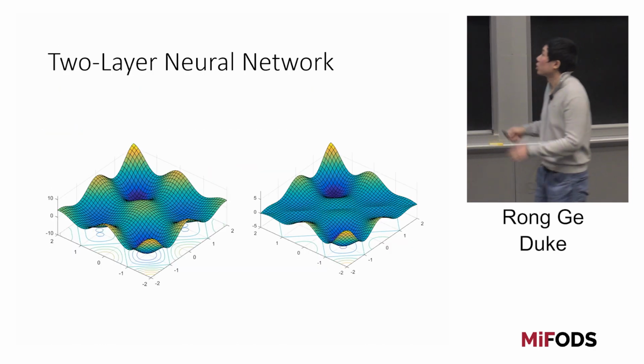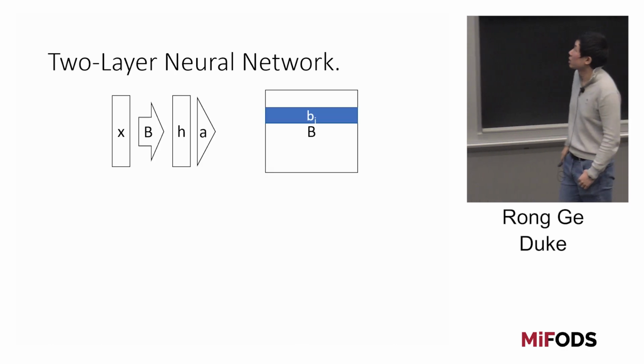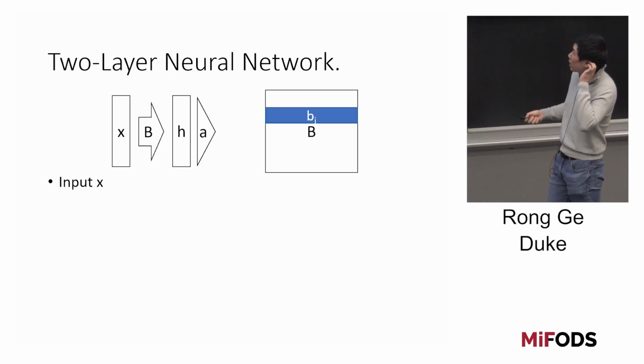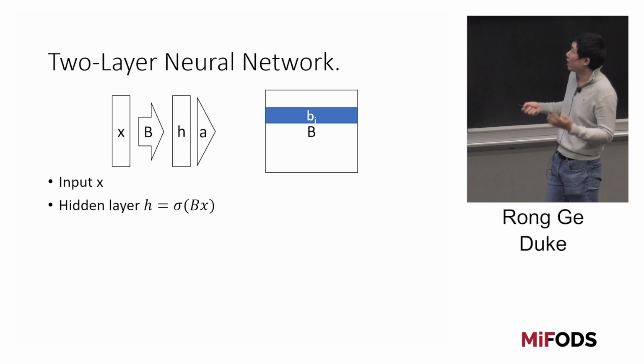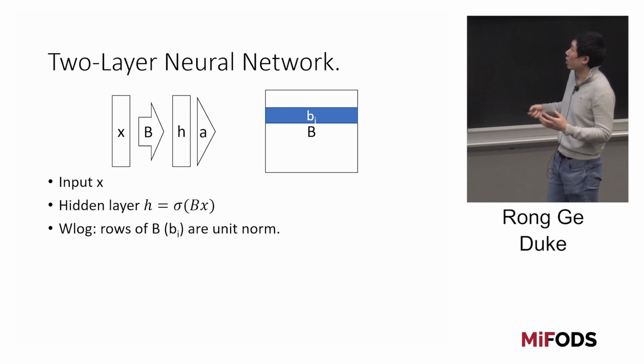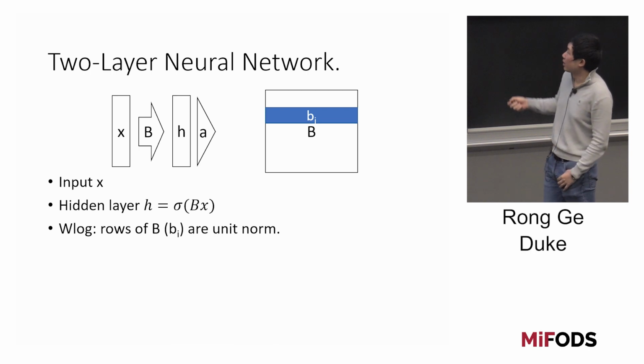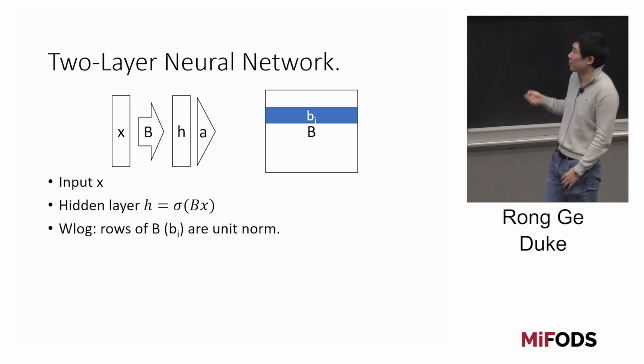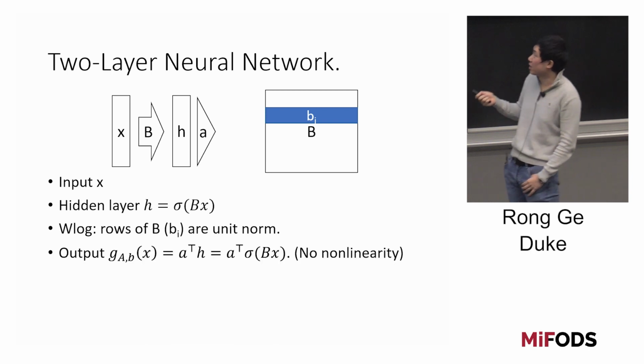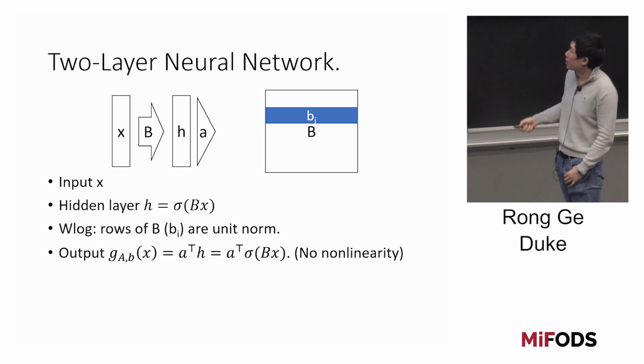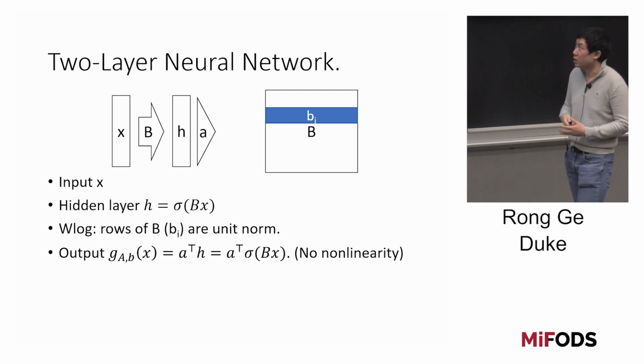And then next, I'm going to talk about 2-layer neural networks. So these are simple networks where you have an input, and then the input goes to a hidden layer. And we are going to assume that the rows of this first weight matrix are unit norm. It doesn't matter because we are using the ReLU activation function. The output is going to be a linear function on the hidden units.